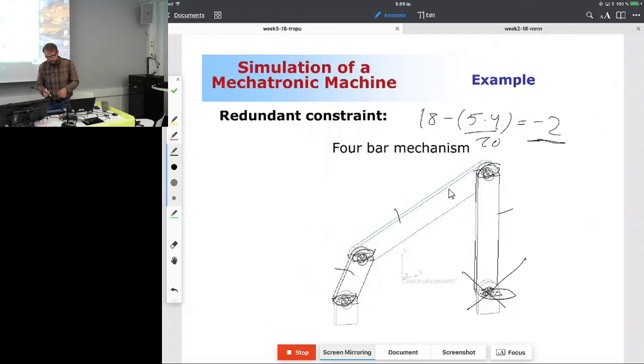It's supposed to be 1 because if we make a model of the 4-bar mechanism in 2-dimensional space, this is a different story. How many moving bodies? 3. So it's 9 generalized coordinates. How many revolute joints? 4.